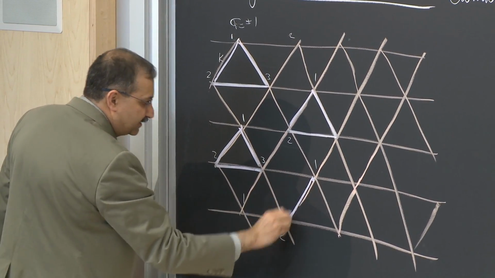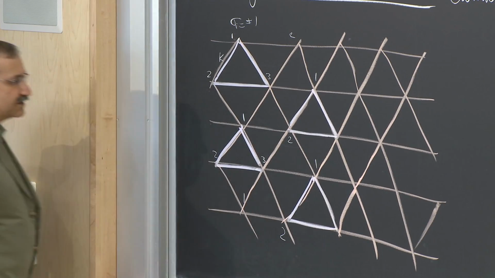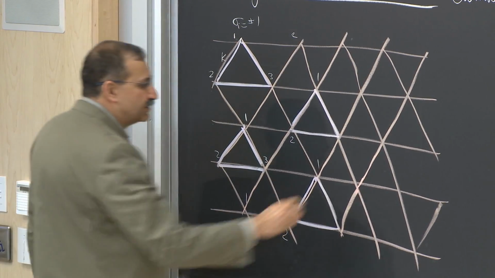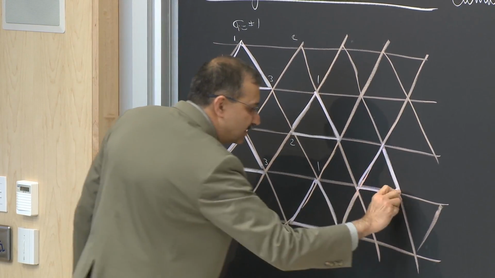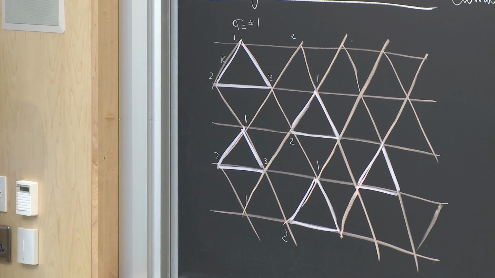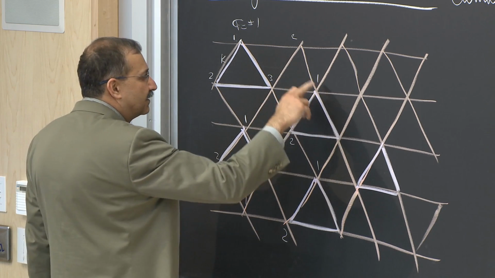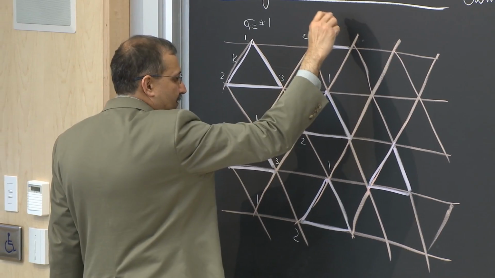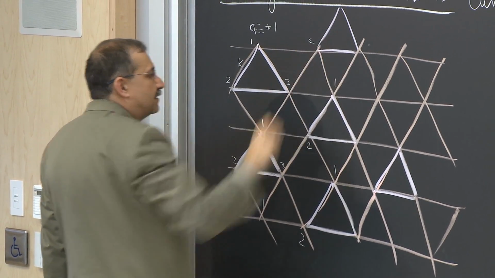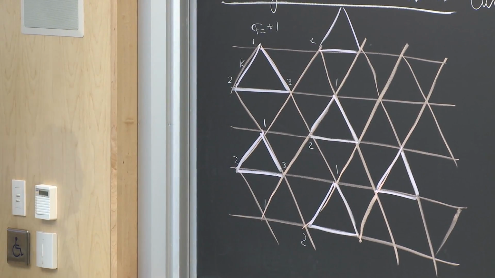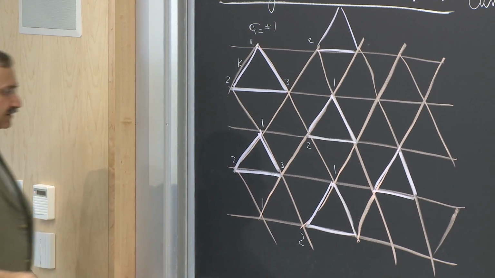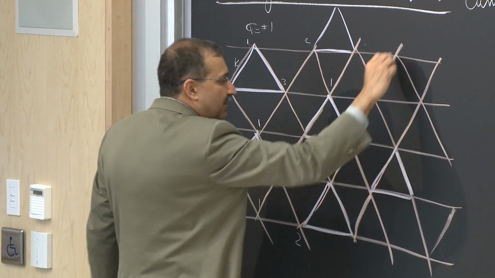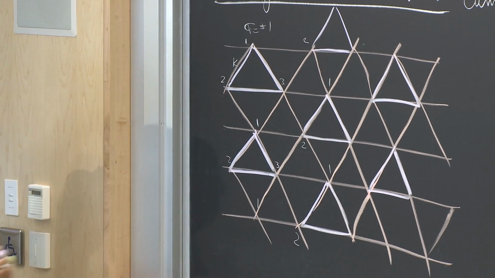This would be another cell over here, such that every site of the original lattice belongs to one and only one of these cells. So basically, I guess the next one would come over here.